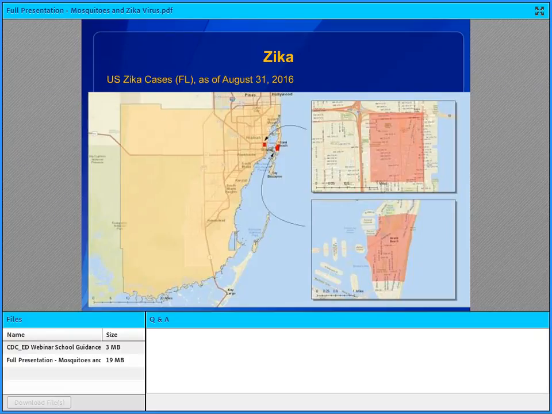The first neighborhood, the rectangle-shaped one on the right, has since been cleared of Zika, in the sense that there are no active cases of people infected with Zika who can transmit to mosquitoes. However, in the Miami Beach area, the range of infected cases has actually expanded. I think I read the Florida Health Department expanded it from 1.5 square miles to about 4.5 square miles just this week. So control efforts are ongoing in those areas.